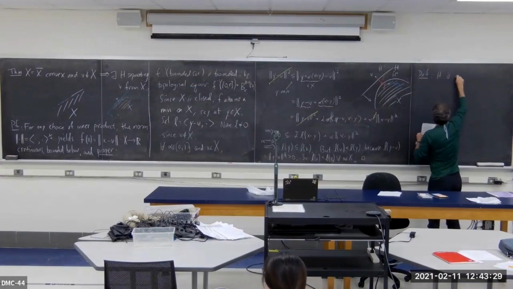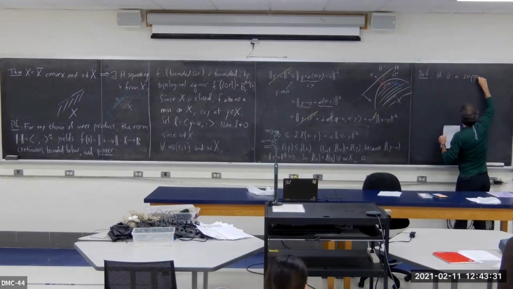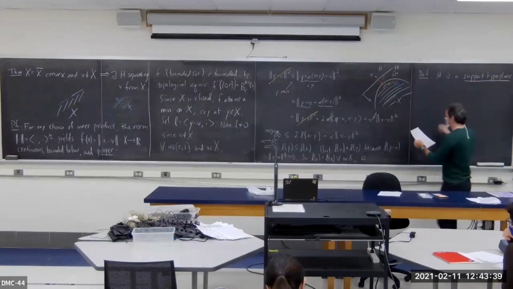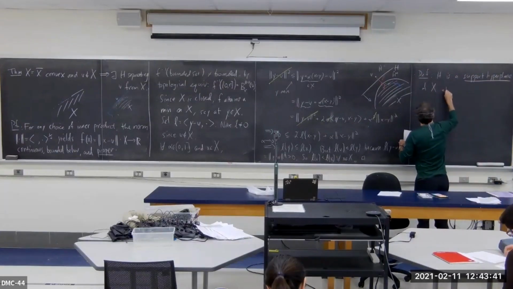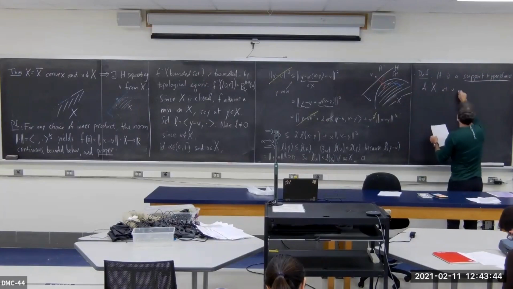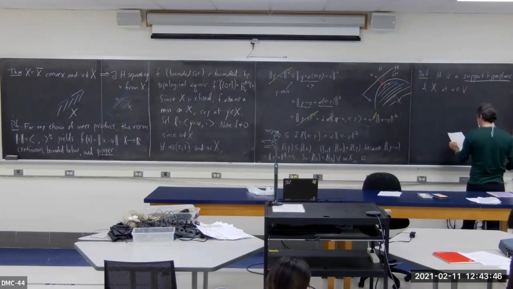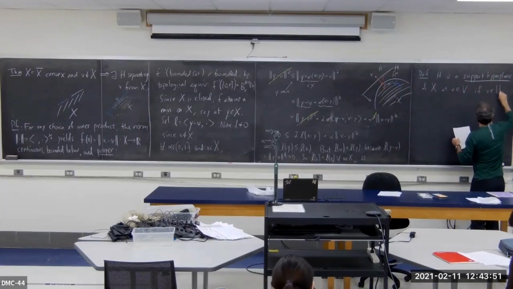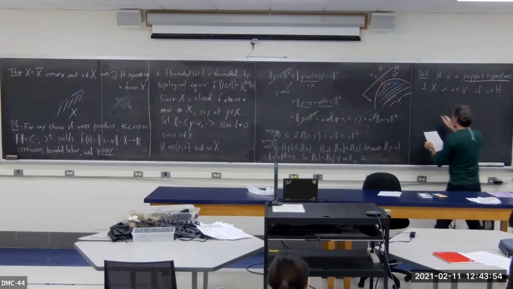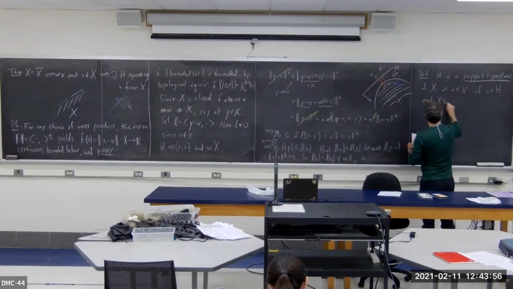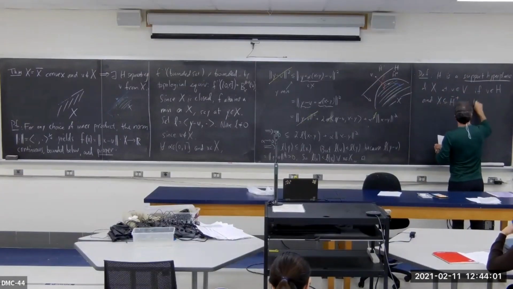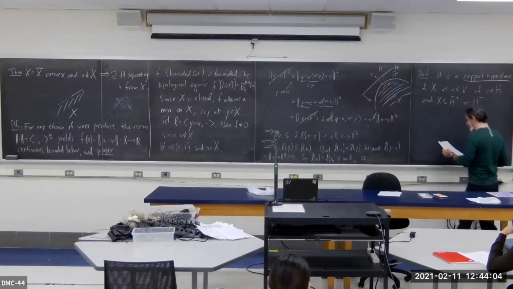H is a support hyperplane of X at a point little v in capital V. It's not necessary to think that little v is in X. We want v to lie in H, and X to be contained either in the closed positive half space or the closed negative half space.